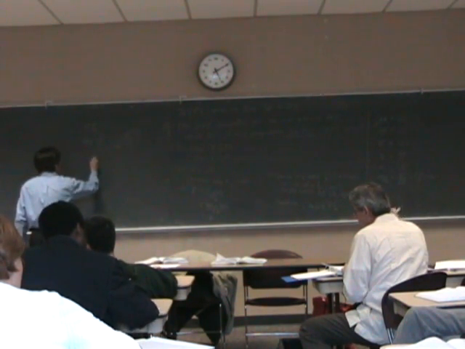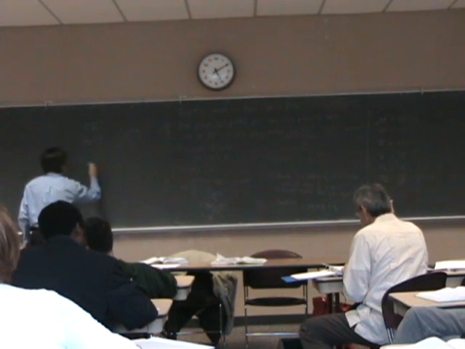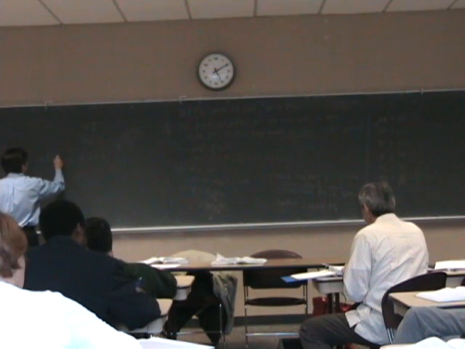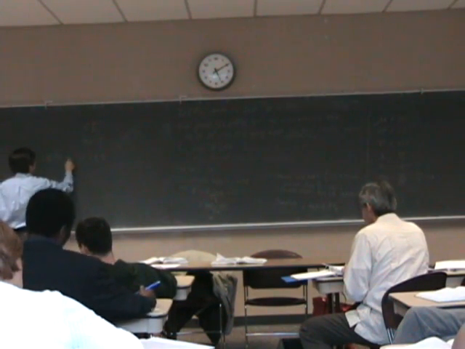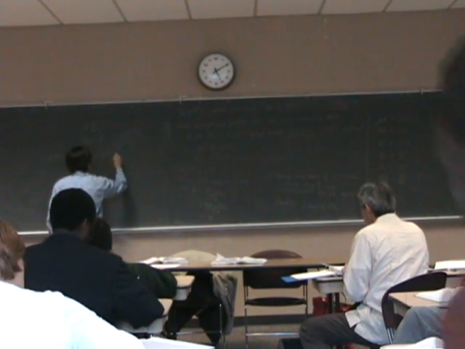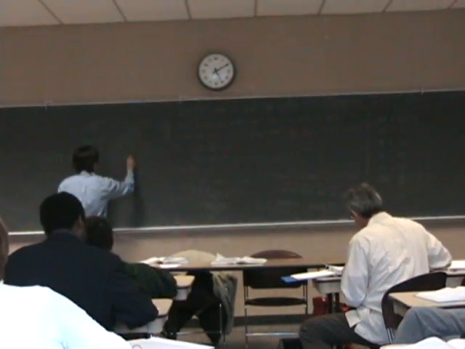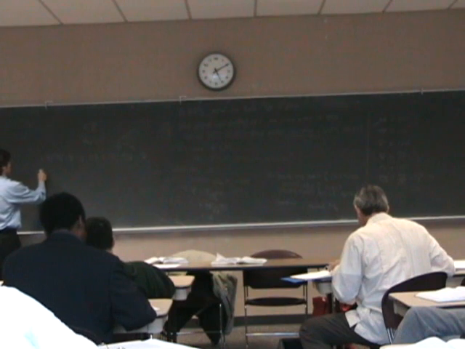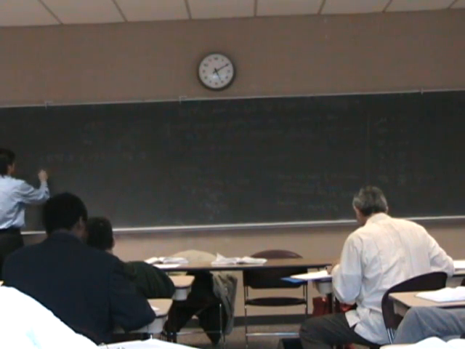So the CI is between the area: negative z, negative 1.96.